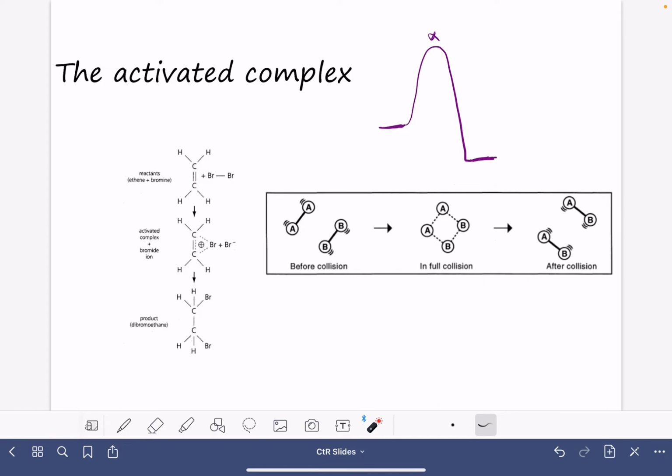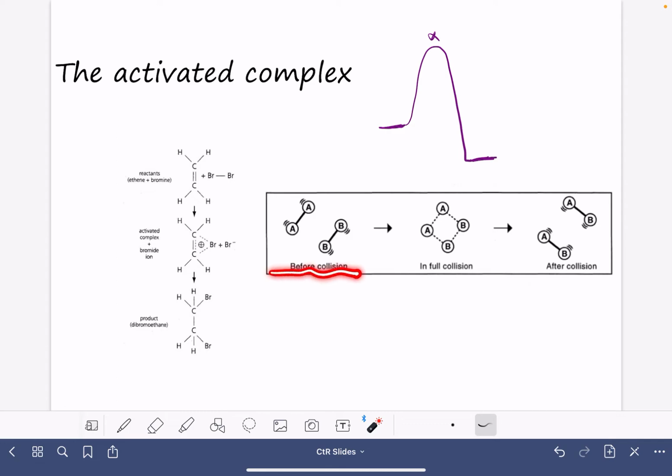And as this bond is breaking, at the same time this bond is forming, okay? So what we'll see is at some point, and it's kind of arbitrary to think about because it doesn't really exist like this, it's just a way of sort of understanding the transition between one set of molecules and another. But the bonds are kind of half formed and half broken.